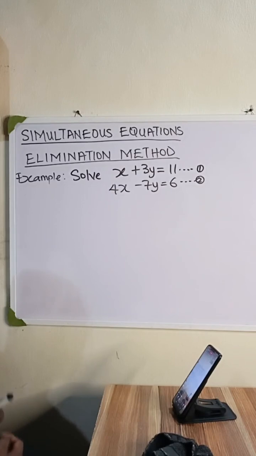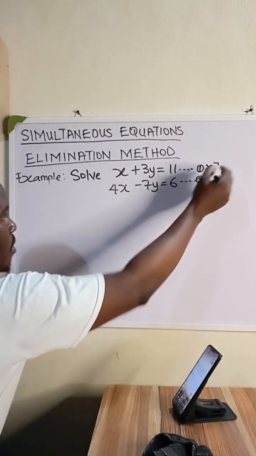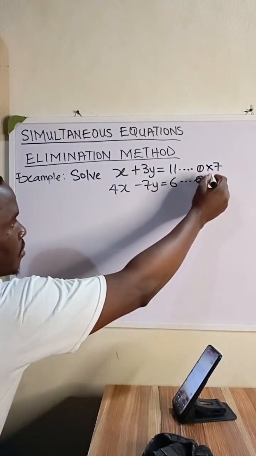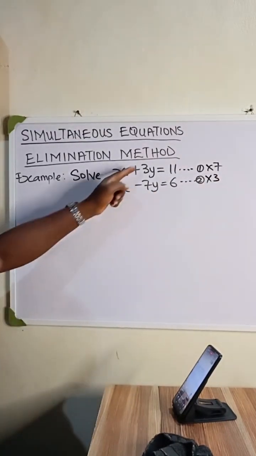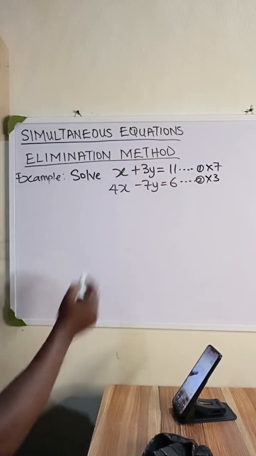So we're going to use 7 to multiply equation 1. And what are we going to use to multiply equation 2? 3. So our target is to make sure that the coefficient of y is the same.